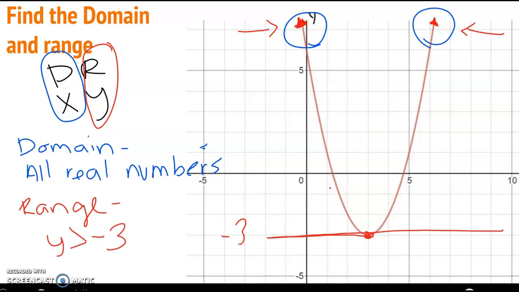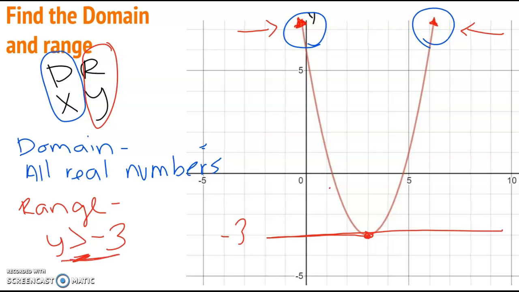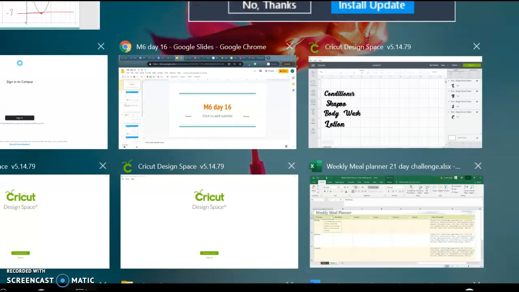Earlier, the graph was above that -3, and that is the reason why we had the greater than symbol right there. So be very careful because depending on the way your graph is made, it will change your symbols.